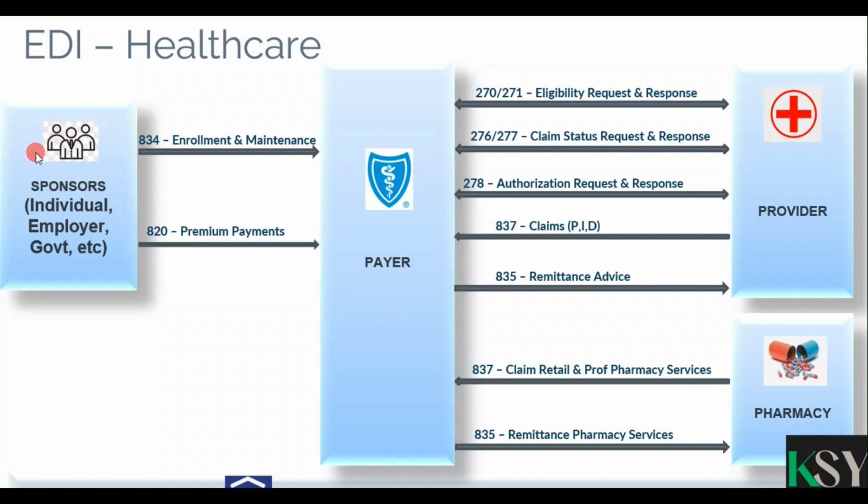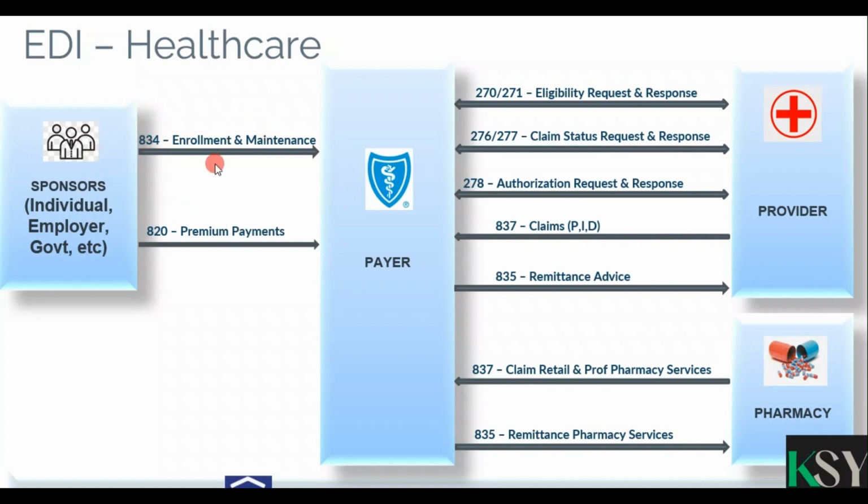Whoever is buying the insurance plans would become the sponsors, and then the payer is the insurance company from whom we buy the insurance, and then we have the providers who actually provide the services. It could be a physician, a clinic, a hospital, a nursing home care, and then we have the pharmacies.